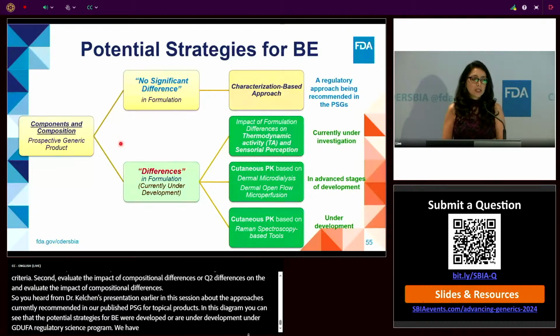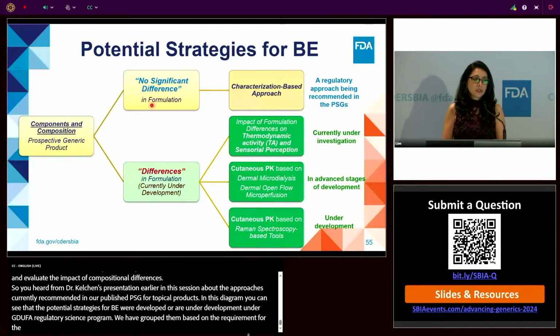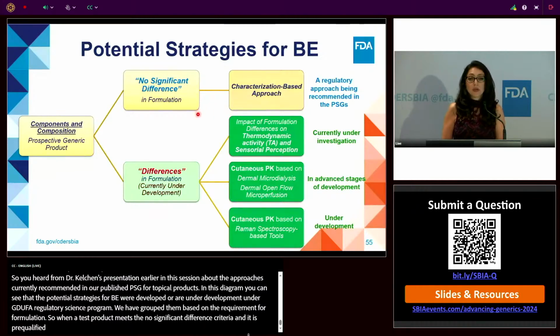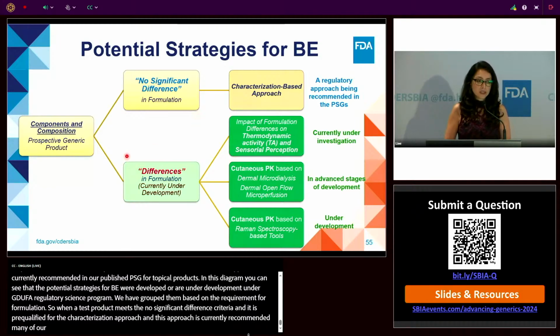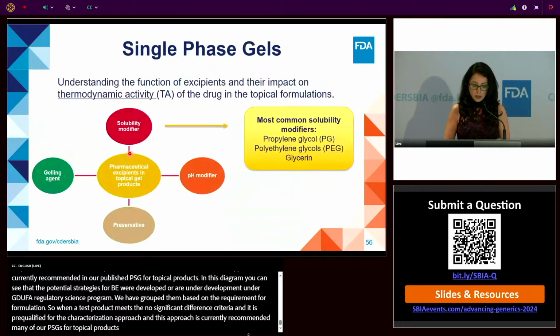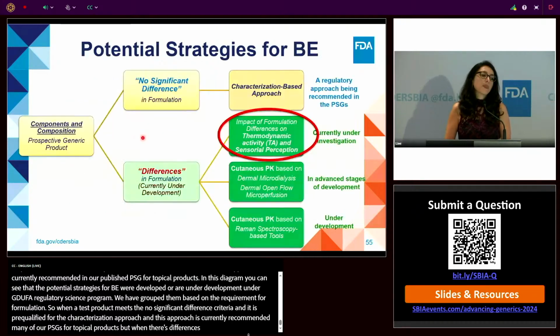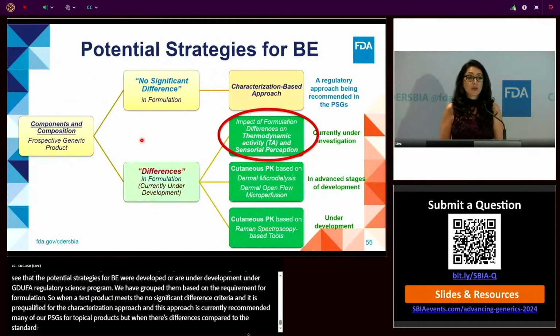So when a test product, for example, meets the no significant difference criteria and it is pre-qualified for a characterization-based approach, and this approach is currently recommended in many of our PSGs for topical products. But when there are differences in a formulation of a test product compared to reference standard, then there are other approaches that we have been working on to develop for this category of test formulation.